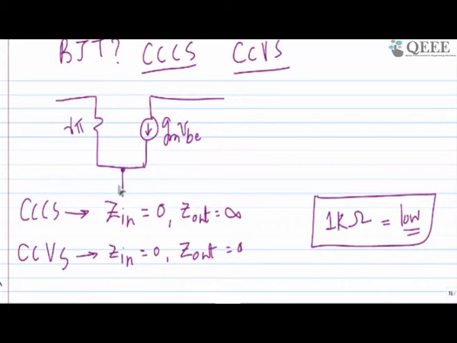If I want to find out the input impedance or the input resistance from here to here, this is base, this is emitter, and this is collector. I have to apply a known potential Vx, measure the current, and find Vx by Ix. When I am doing this, the output terminal should be open.